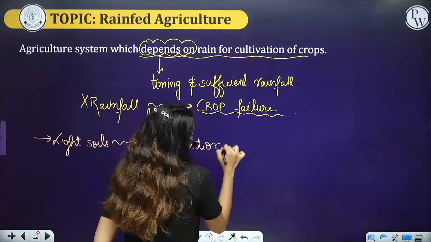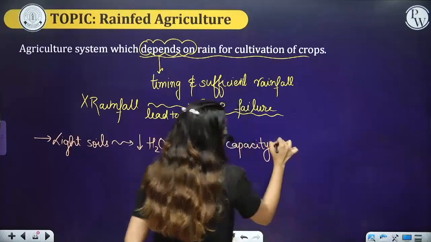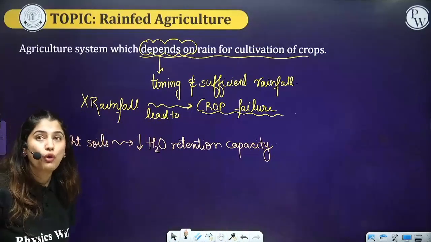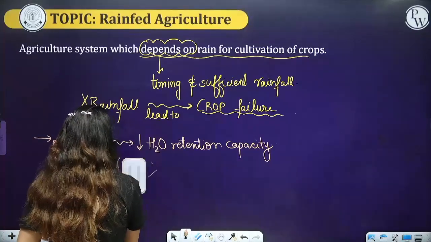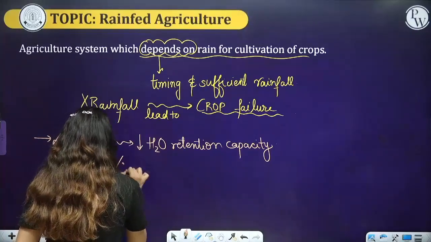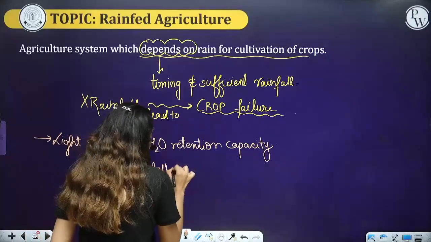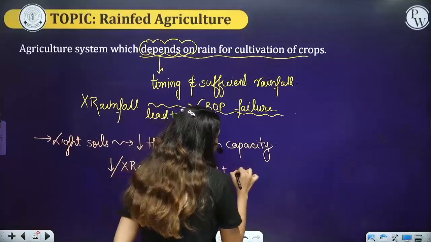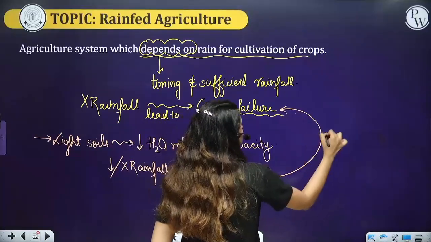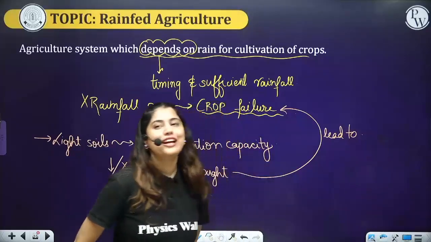They can retain very little rainfall, so they require a continuous supply of water. If there is no rainfall, or very little rainfall, that is if drought is there, then it will lead to crop failure. The crops will be affected.